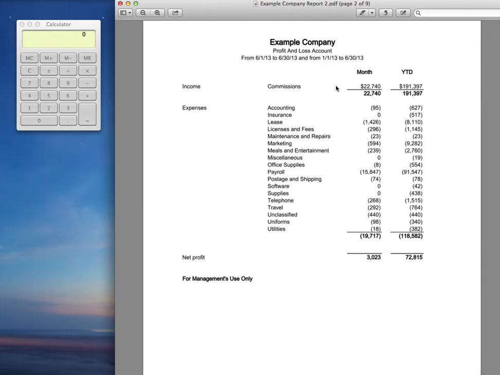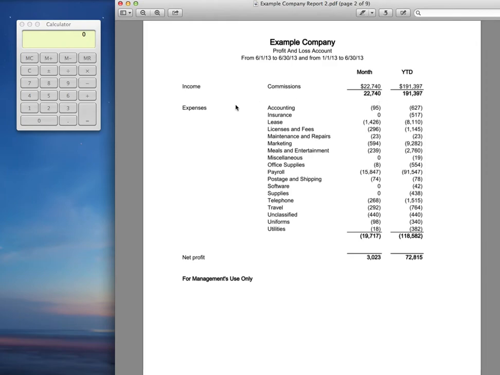That's how much income was brought into the company from June 1st to June 30th. And $191,397 came in from January 1st to June 30th. So that's total income, just broken up into different time periods.